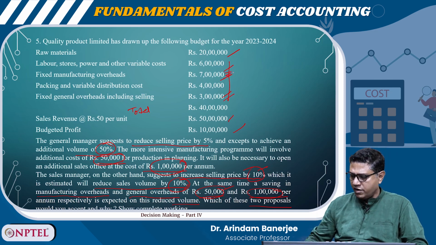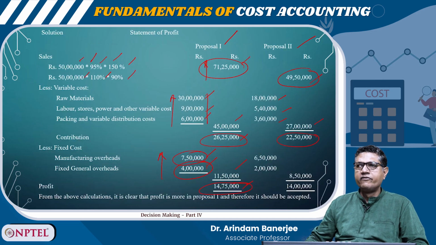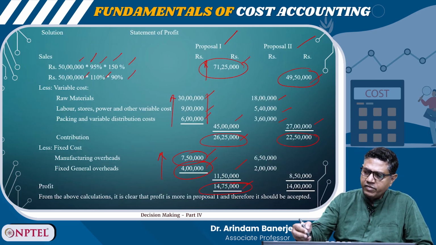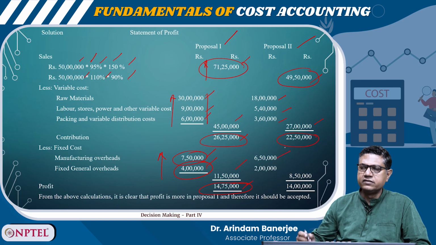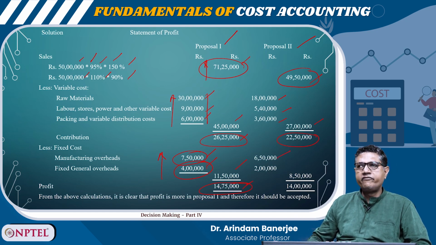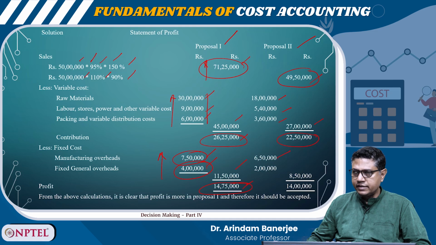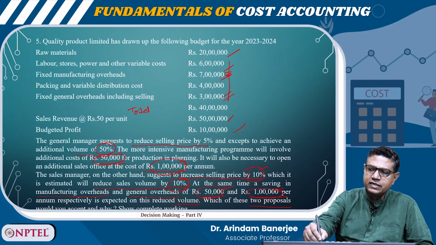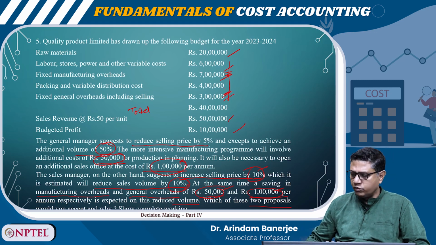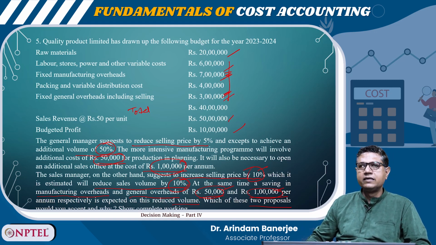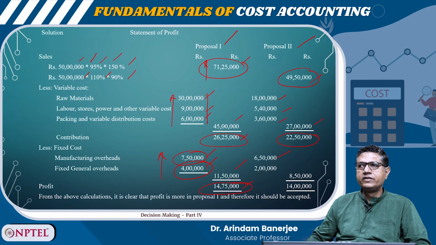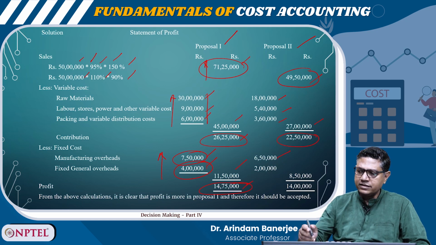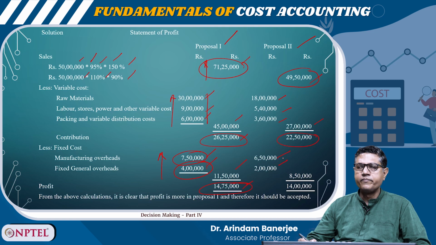This was my original fixed overhead. If I adjust 50,000, my overhead is 6,50,000. And in fixed general overhead, the company is also saving 1 lakh. This was earlier 3 lakh. So, now after saving 1 lakh, it is becoming 3 lakh minus 1 lakh, so 2 lakh.